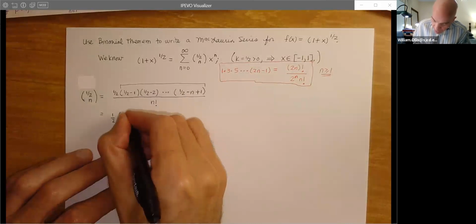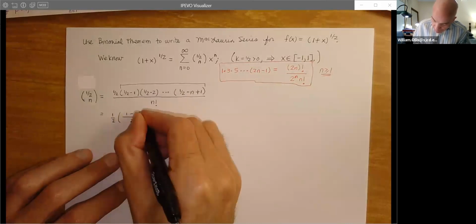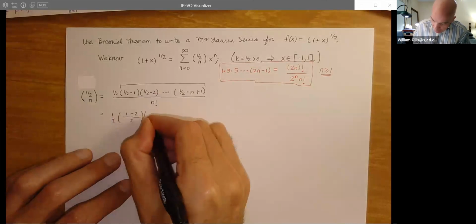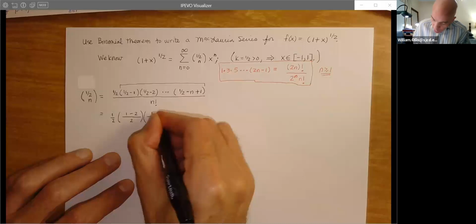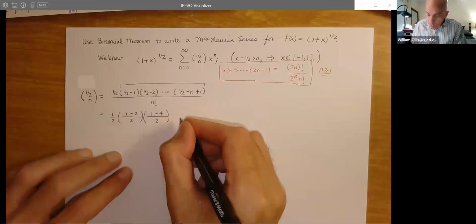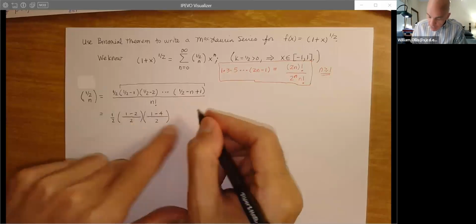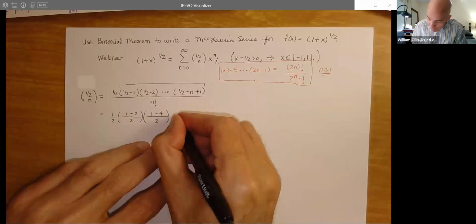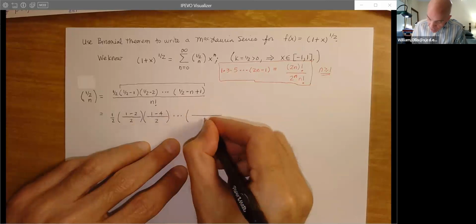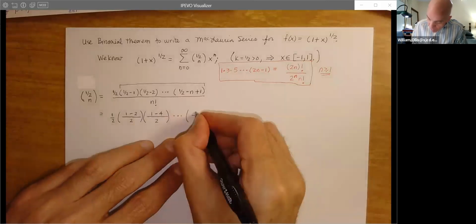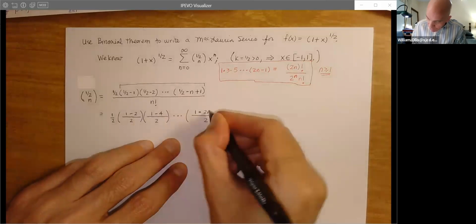So 1 minus 2. And then 2, 1 minus 4. So what we're going to do is generate a -1, a -3, a -5, etc. And here we're going to get a 2. So this is going to be a 1 minus 2n plus 2.